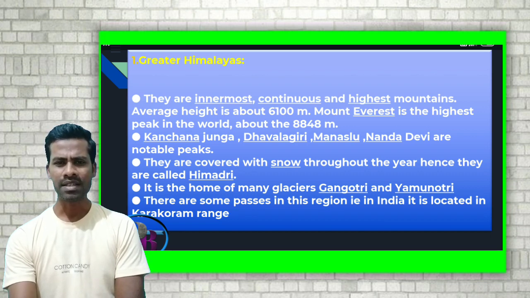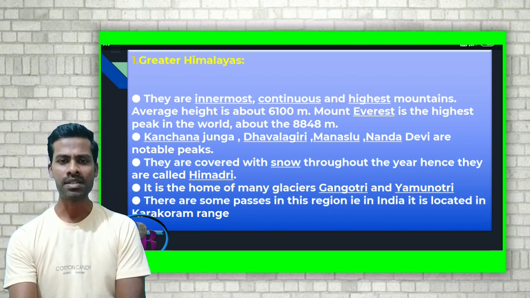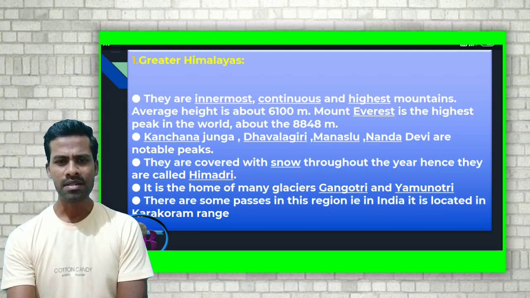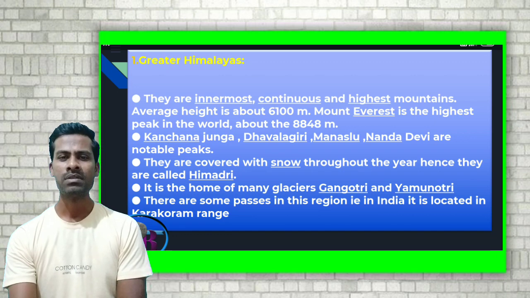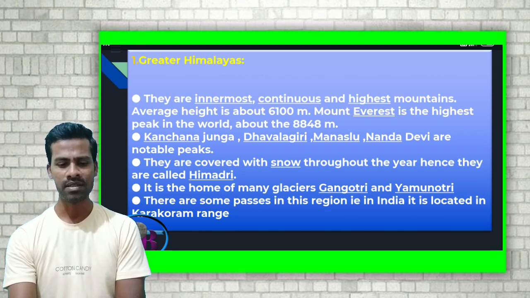Its average height is about 6,100 meters, and these are the highest mountains in the world. Some of the best examples of peaks in the Greater Himalaya are Kanchenjunga, Dhavalagiri, and Nanda Devi, and these are the very notable peaks.